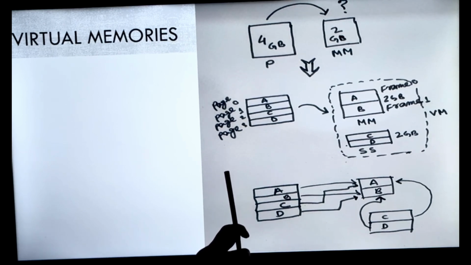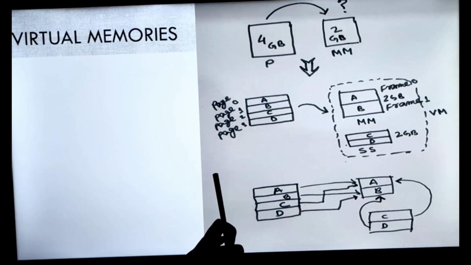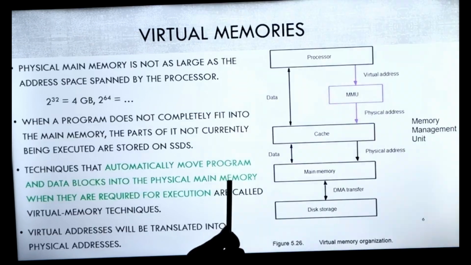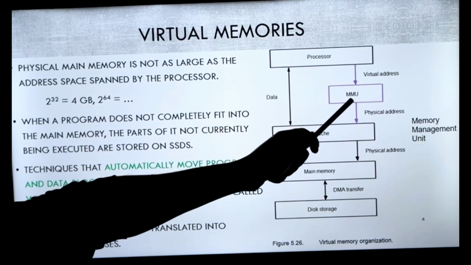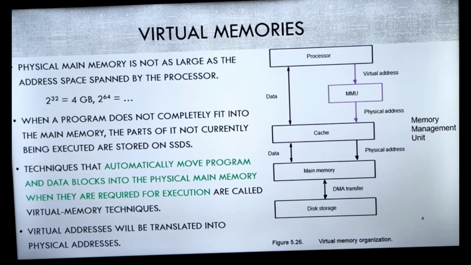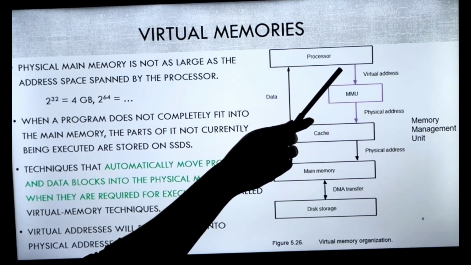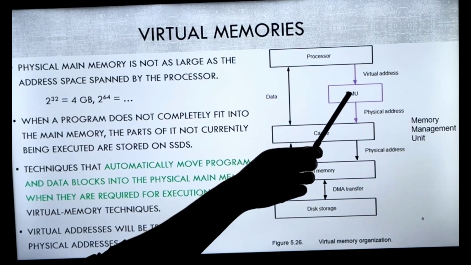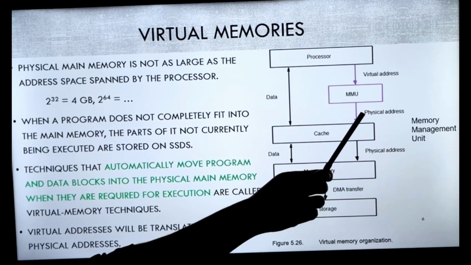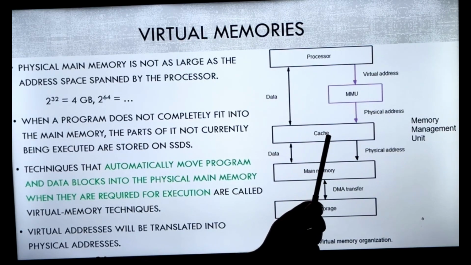Then there should be someone to translate this virtual address to your physical address, or the actual address, right? So who will do that? The MMU, a small hardware component in your computer, the memory management unit. Whenever your processor generates a virtual address, the memory management unit will translate it to a physical address, and it will ask the cache first whether whatever your processor is asking for is there.